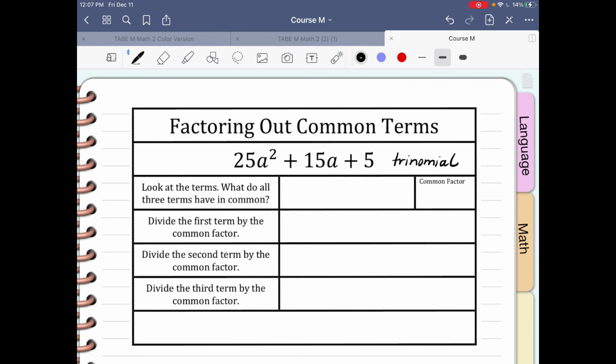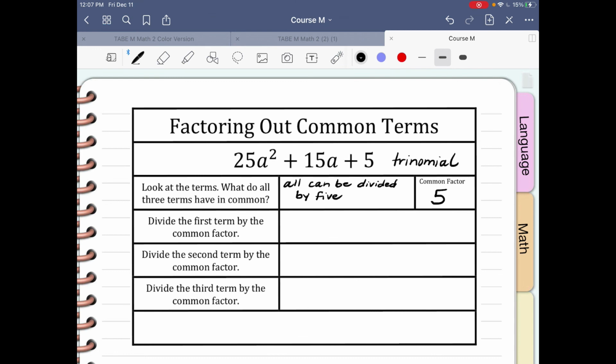So you have to think about this. What is it about those 3 terms that is common? And here it is. All can be divided by 5. So the common factor is a 5.